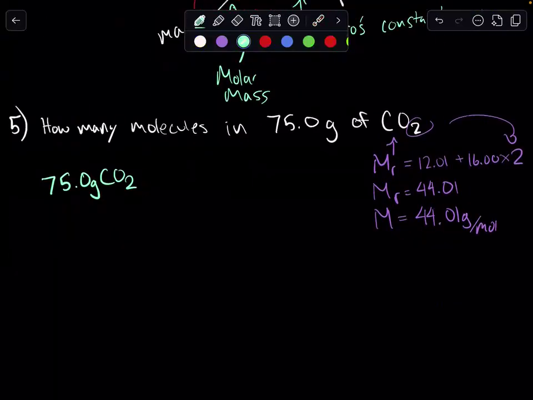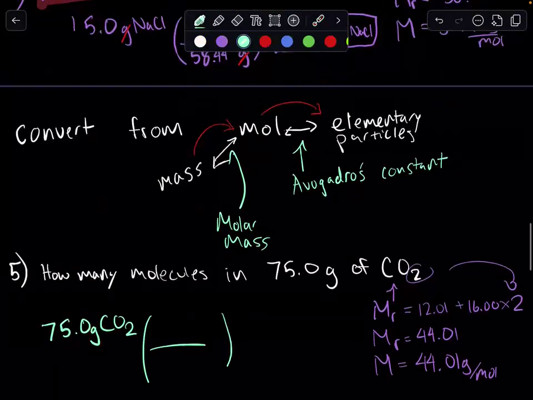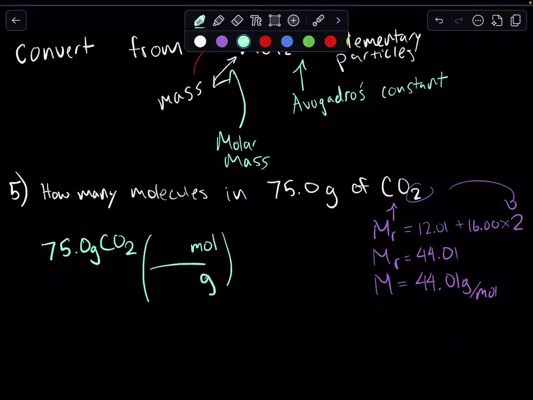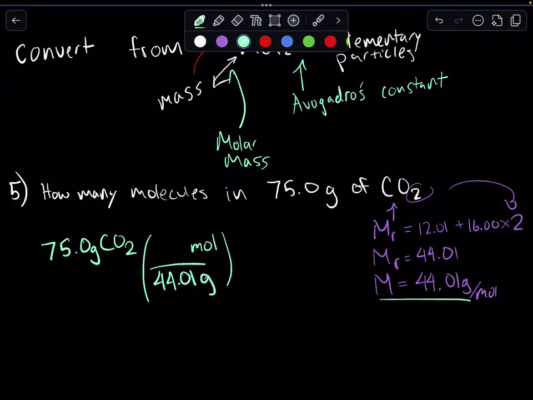So I'm going to draw my big parentheses. And like I said, we want a mole value. So I will put mole on top. I'll put grams on the bottom so that they cancel out. And the same trick we did from number 4, I will use the molar mass, 44.01. That will remove my grams, giving me moles.